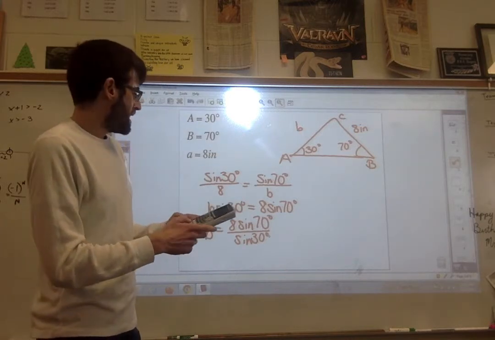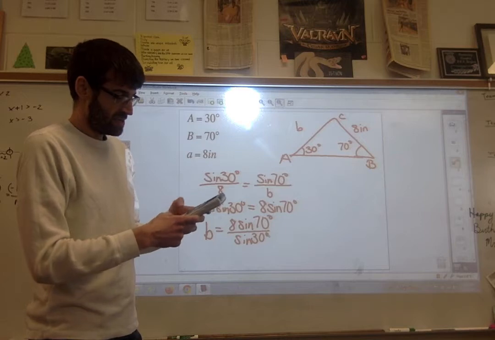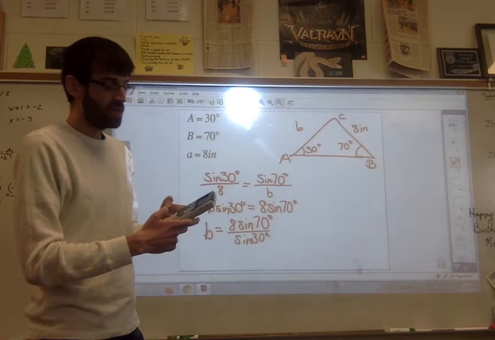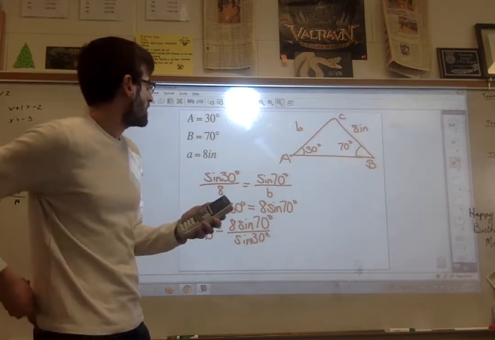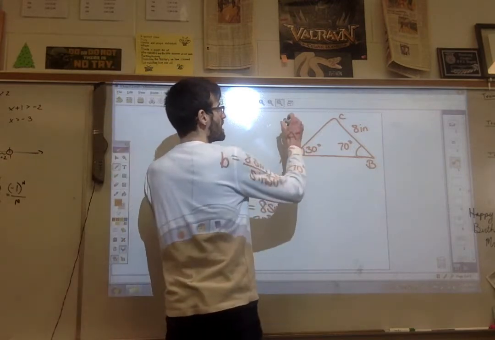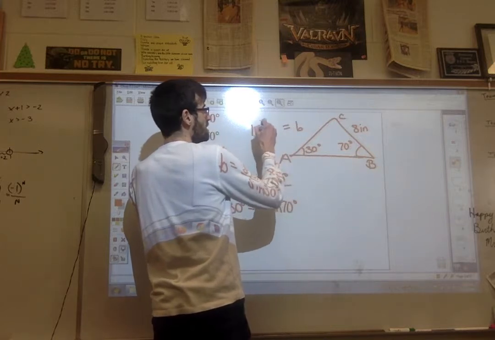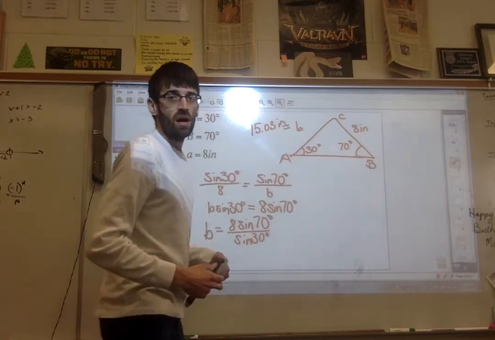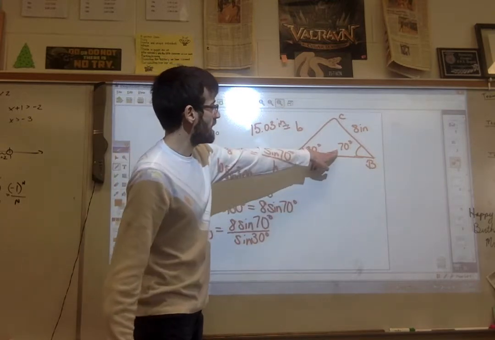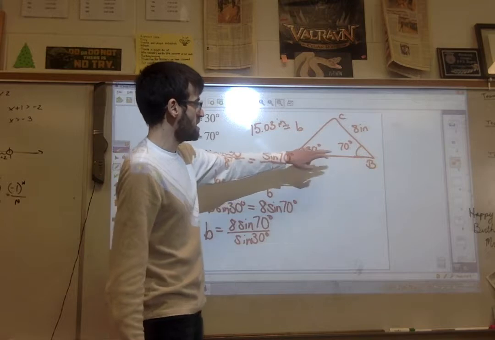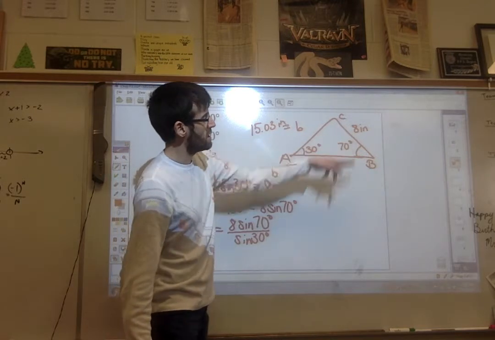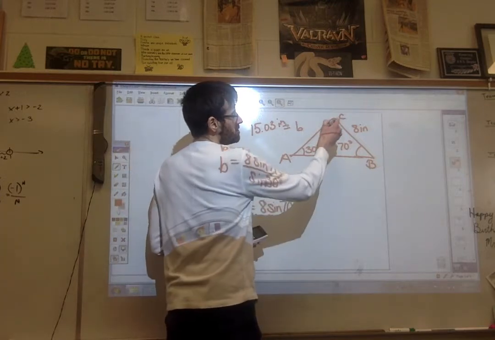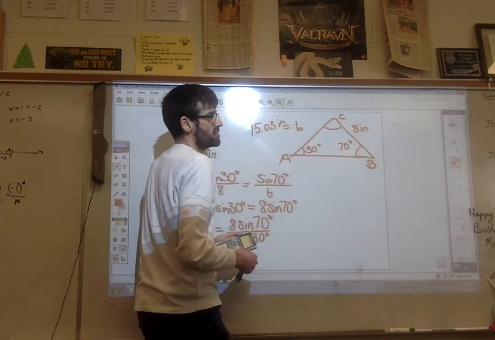So when I type in 8 sine of 70 over the sine of 30, I'm going to get about 15.03. So I know that little b is going to be 15.03 inches. Since angle B is larger than angle A, side B should be larger than side A. Now, next thing I know is that there are 180 degrees in a triangle.